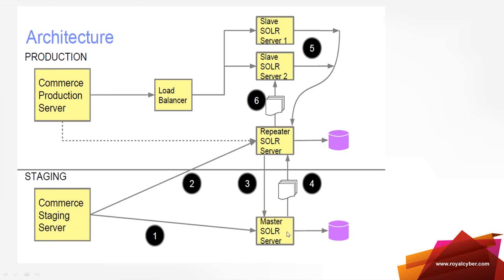For the index replication, we have a master server in the staging environment, and as soon as a new index file is created, that file gets sent to the production environment, and the repeater then sends the index files to the slave servers. All the search requests from commerce go into the load balancer and then to the slave servers. So that's the architecture.